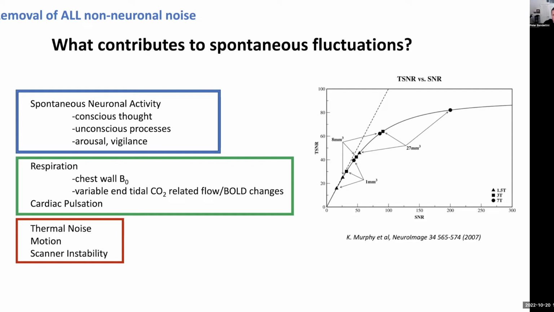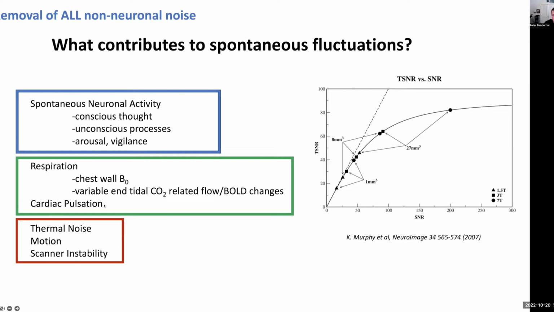That variability in depth of breathing varies the CO2 in our blood, and that changes vasodilation at a very slow rate and causes a lot of the changes that we see. It's funny, because we try to use regressors to regress this out, and it defies complete regression. So it's still a tricky problem.